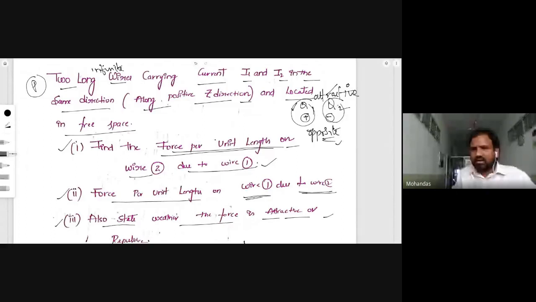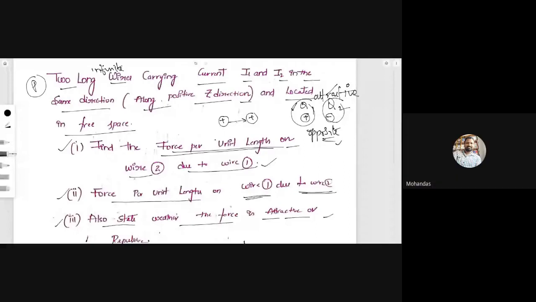If we take electrostatic fields, suppose both are positive charges, what may be the type of the force between these two charges? Force of repulsion. Okay?